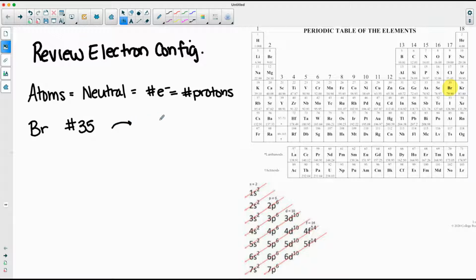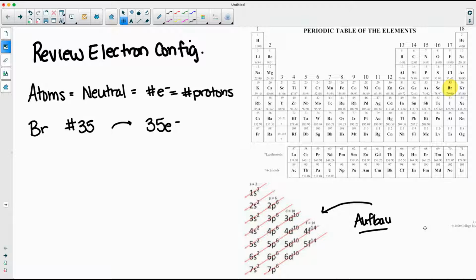So we need to fill 35 electrons in our configuration. Down here I have the diagonal rule that I use when following the Aufbau Principle, which basically says that we go in order of lowest energy to highest energy when we add our electrons.